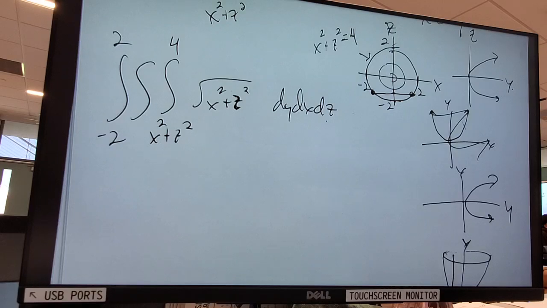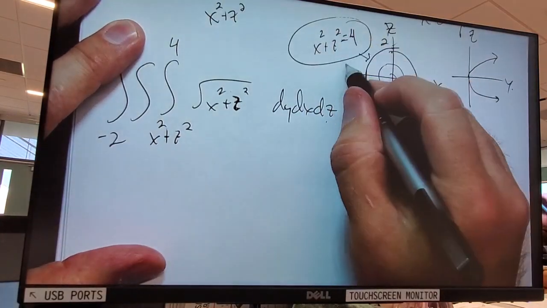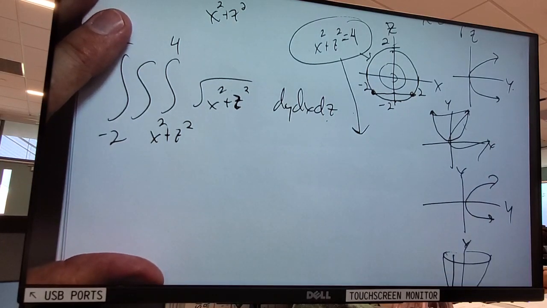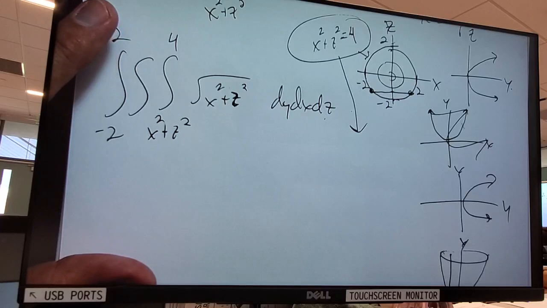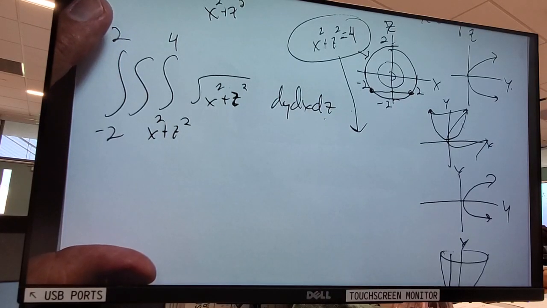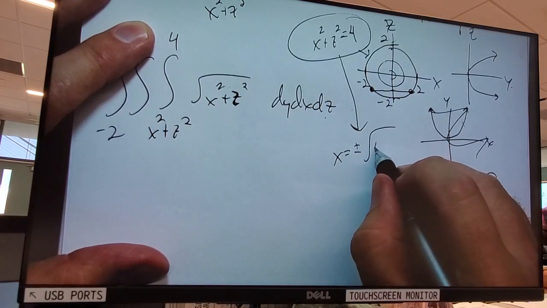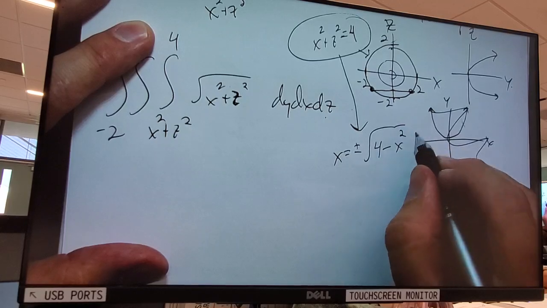I need a formula for both sides of this. I solved this for x, because I'm asking what x is doing. I already know what z is doing. So x will be plus or minus the square root of 4 minus z squared.